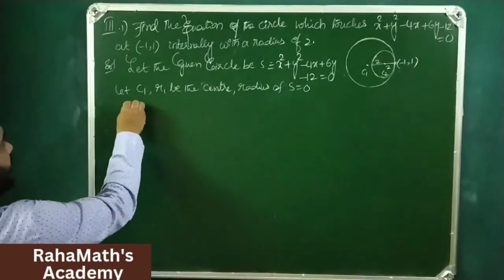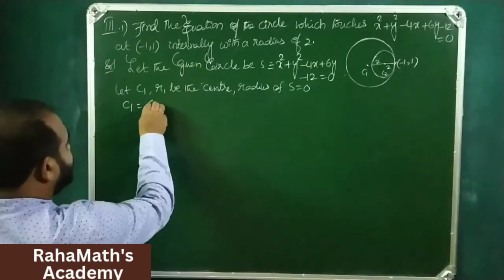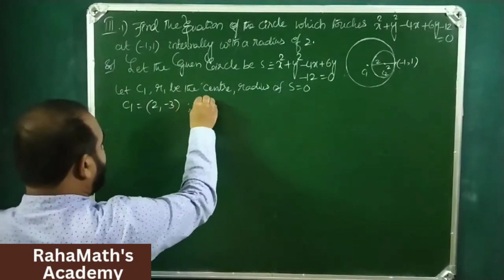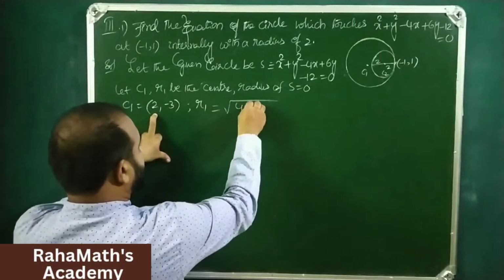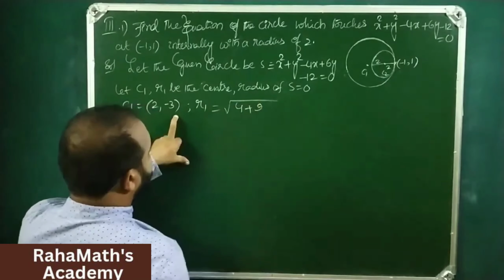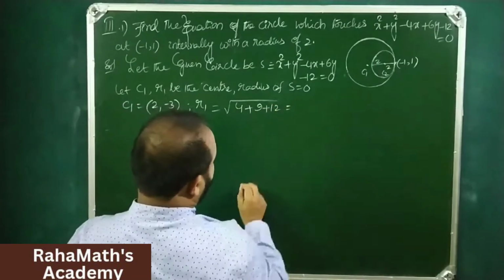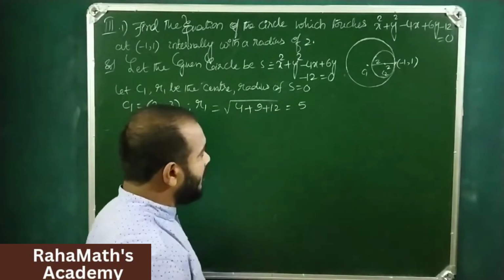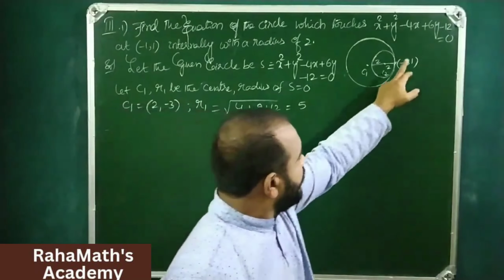So what is C1? 2 comma minus 3. And R1 is equals to square root of G square, 2 square 4, plus 3 square 9, minus of minus 12. So this is equals to root 25, which is 5. So R1 is equals to 5 is the radius of the big circle.